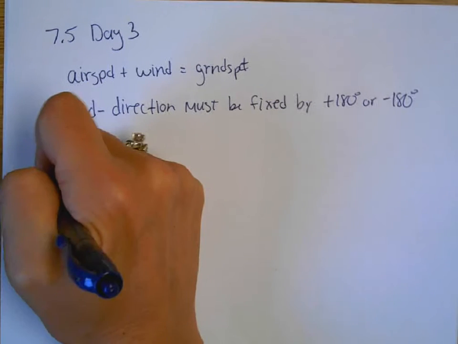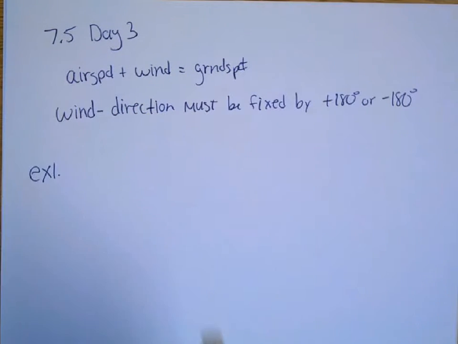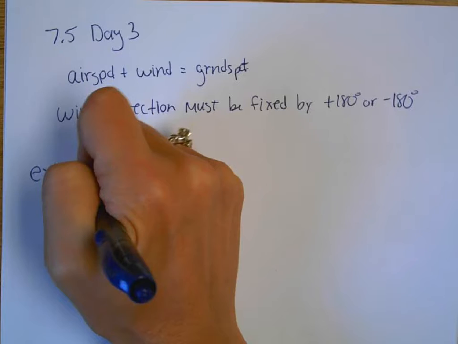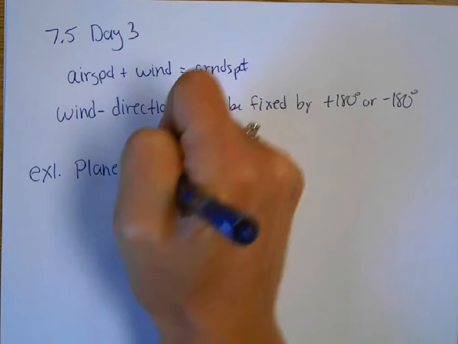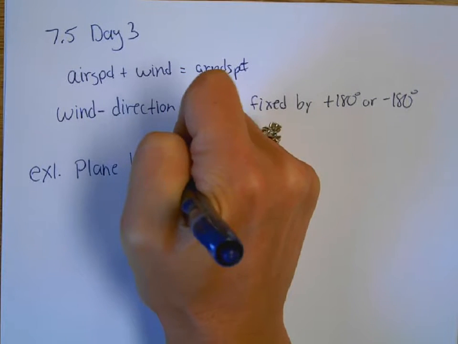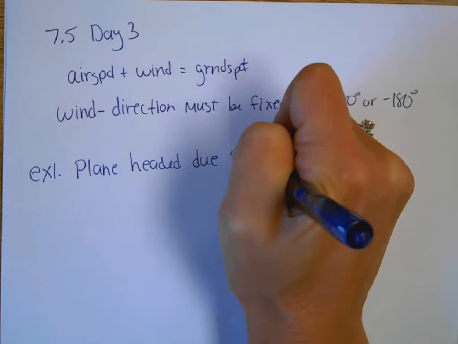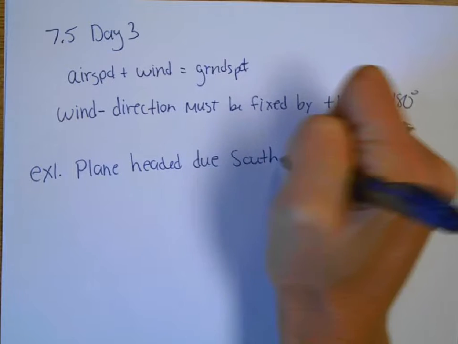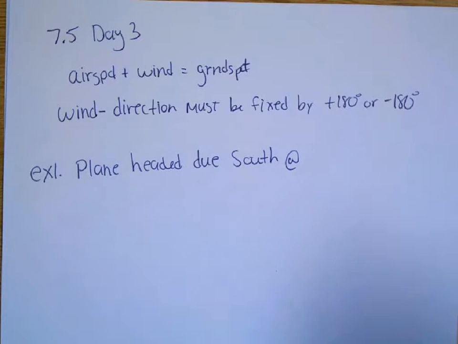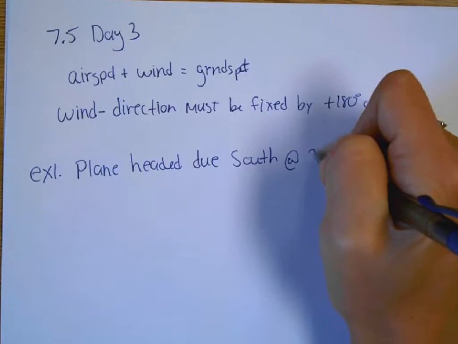Are you ready? All right, a plane is heading due south with airspeed 206. So plane headed due south at 206 miles per hour.